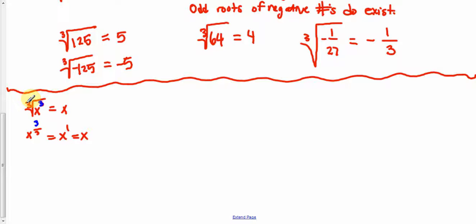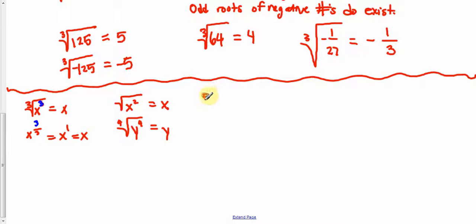Now that helps me when I get into harder problems. But let's do a few more of these simple ones. What if I asked you for the square root of x squared? This is an understood 2. What's the square root of x squared? Just x, right? Now we're about to get into where we're hoping we're seeing a pattern here. What's the 4th root of y to the 4th? Y, okay.